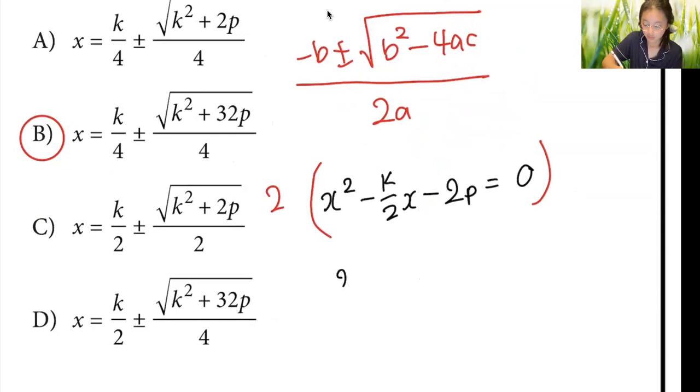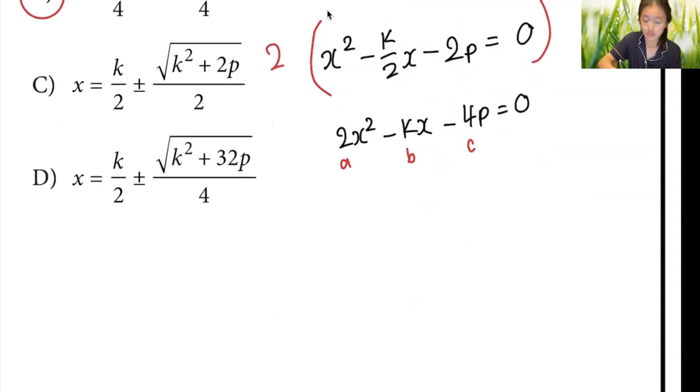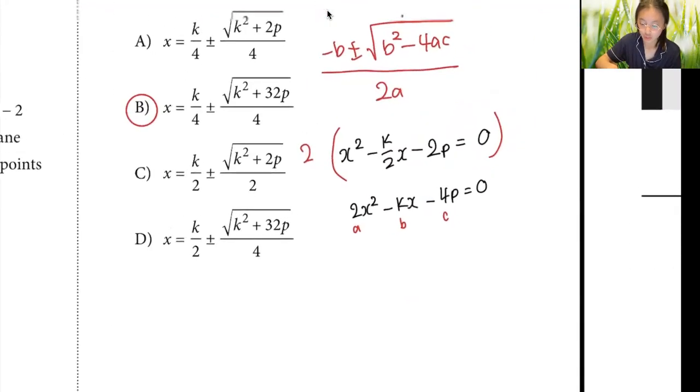By doing so, it's going to be 2x squared minus kx minus 4p equals 0. From the left-hand side, that's going to be a, the coefficient of the x is b, including the negative, and that's going to be c. And we just need to plug those values into the quadratic formula.